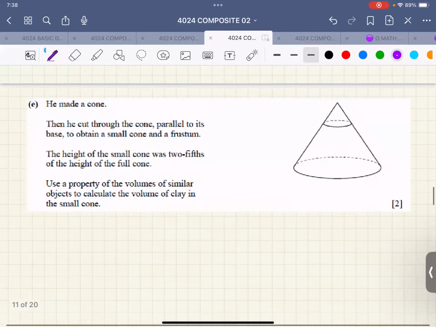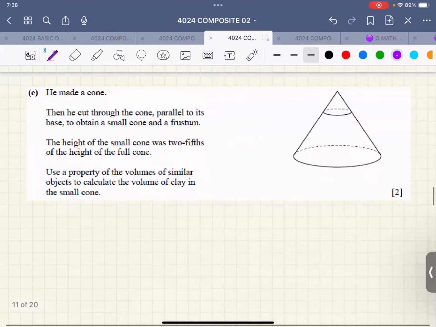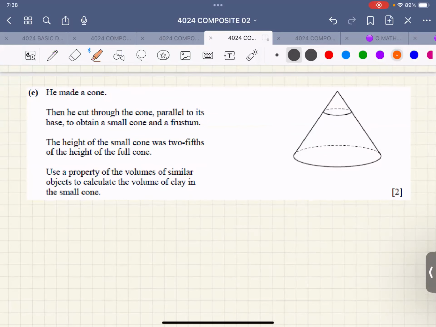Now, what is this part? Now it's about a cone. It says he made a cone, the same person Morph. He cut through the cone parallel to its base to obtain a small cone and a frustum. So this shape is called the cone, and what is left, that is the frustum.